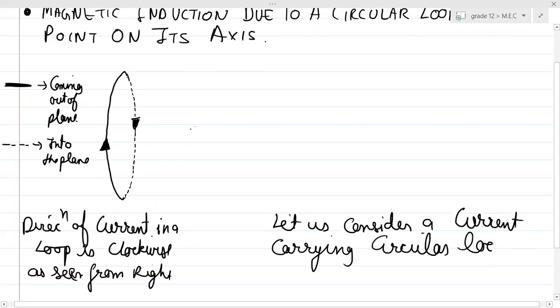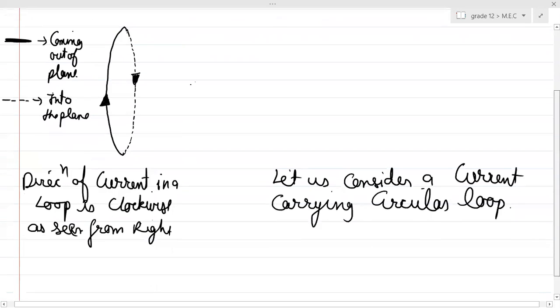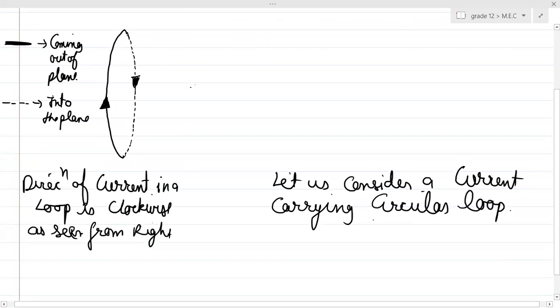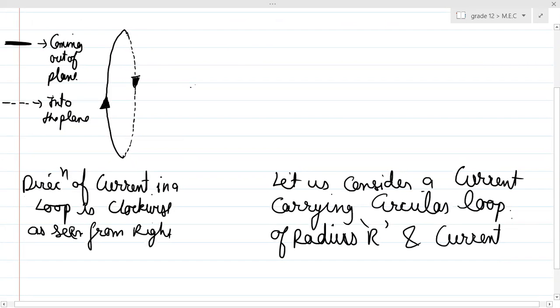The diagram is not complete yet, and we'll need to draw the diagram. That's why I've left this space like this only. So let us consider a current carrying circular loop of radius capital R, and current I. Okay.